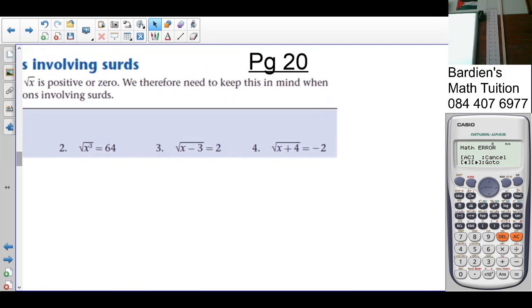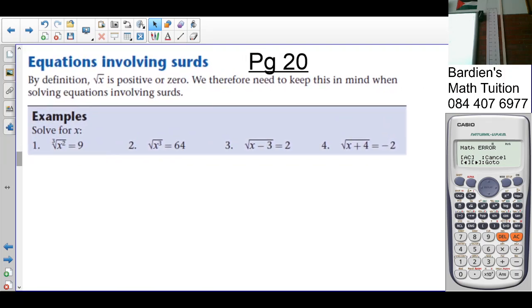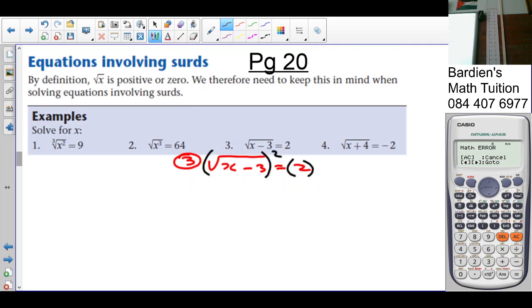Right, let's look at number 3. You got the square root of x minus 3 is equal to 2. So what do I do here? I'm going to square both sides, not so? That cancels. So I'm left with x minus 3 is equal to 2 squared, which is 4. Now what?